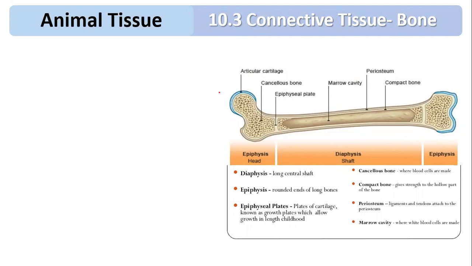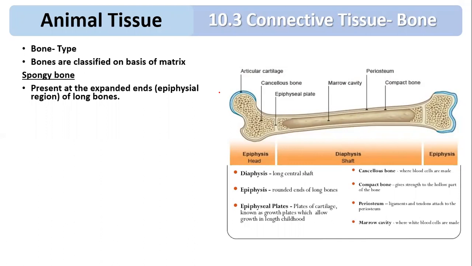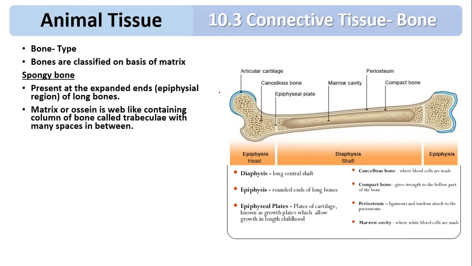So look at the points. Bone types: bones are classified on the basis of the matrix. There is spongy bone present at the expanded end, the epiphyseal region of the long bones. Its matrix, or ossein, is web-like, containing columns of bone called trabeculae.